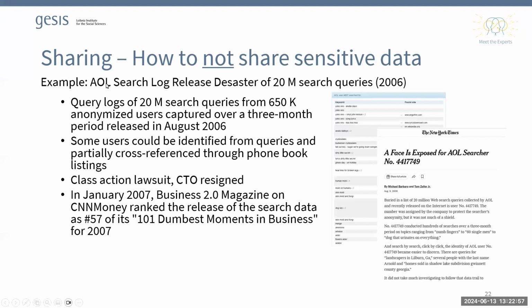It's the example that AOL released search logs in 2006 for research purposes, and they anonymized users, but then some news media journalists and other researchers, I think, could identify users from these queries, which ultimately led to some lawsuits, and the CTO of AOL had to resign and it was ranked as one of the dumbest moments in business by CNN Money.